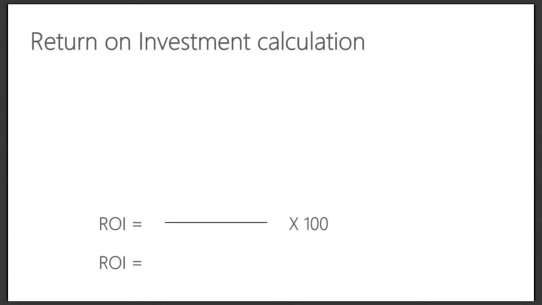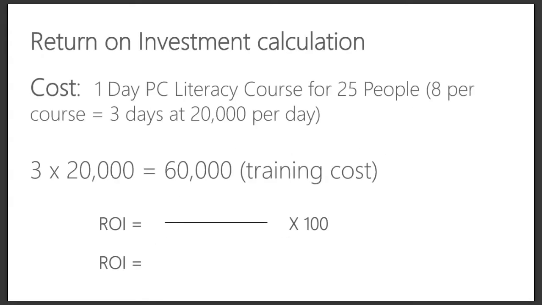Now, if I look at the cost of PC literacy training, and I work at 20,000 a day and I train for 3 days, the cost would be 60,000 Rand. So if I look at that 570,000 Rand benefit from doing this, and I divide it by the training cost, I get my answer.